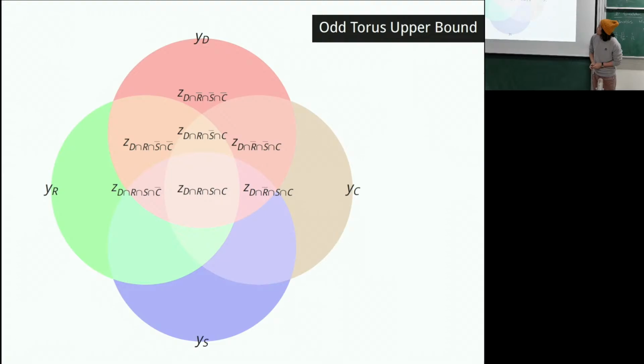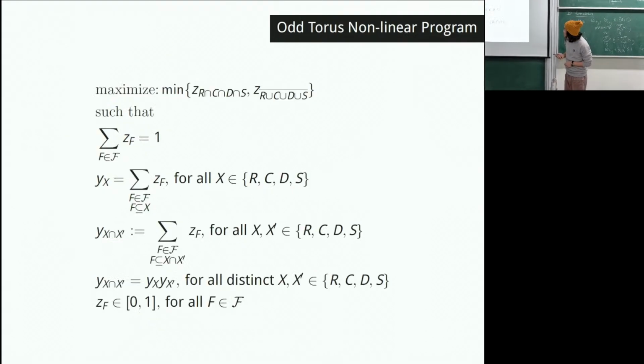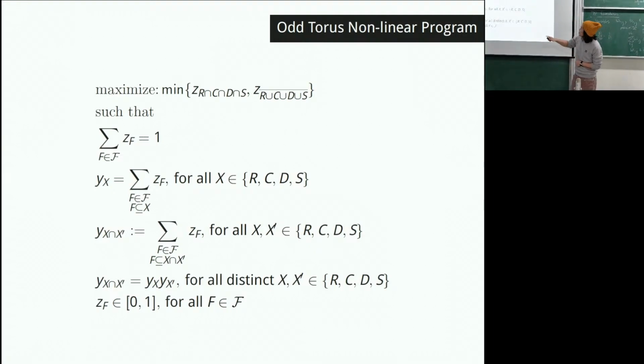The black queens are allowed to be placed in the outside region, because if I'm not attacked in any of these four dimensions, that's a legal place to place a black queen. So what we want to do is maximize the minimum of those two areas: the Z of the intersection, and the Z of the complement, everything on the outside.